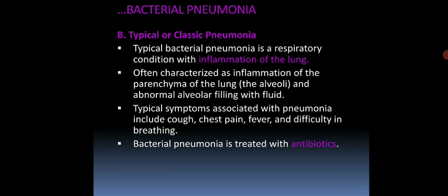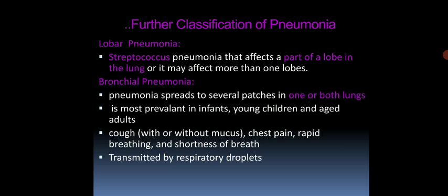In this type, the lungs get inflamed and swollen, often characterized by inflammation of the parenchyma of the lung, that is the alveoli, and abnormal alveolar filling with fluid. The typical symptoms associated with pneumonia include cough, chest pain, fever and difficulty in breathing. Bacterial pneumonia is treated with antibiotics.